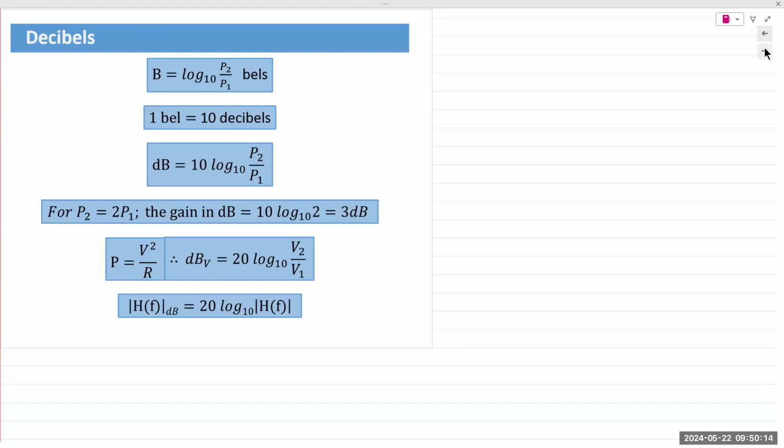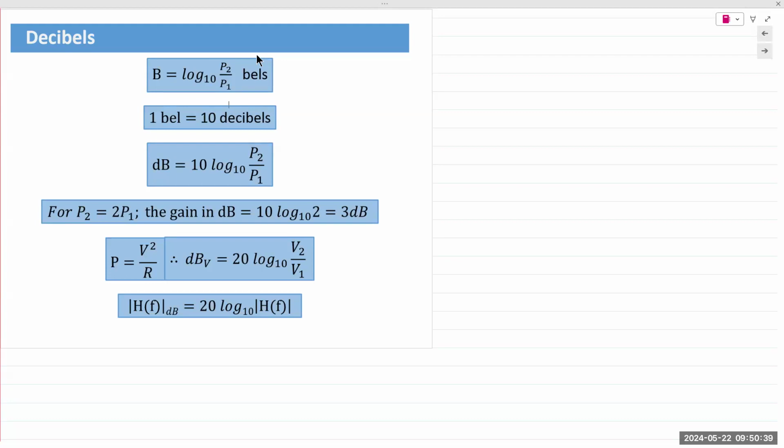And who did they name this unit after? Yeah, Bell of Bell Labs. They said, we'll take the log of the ratio of the two powers, output power P2 over input power P1, to the base 10, and you get the bel. To make the unit even smaller, they broke it up into 10 different parts.